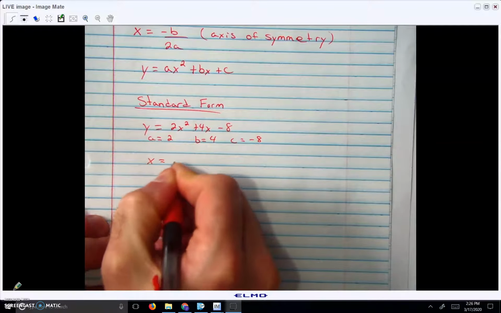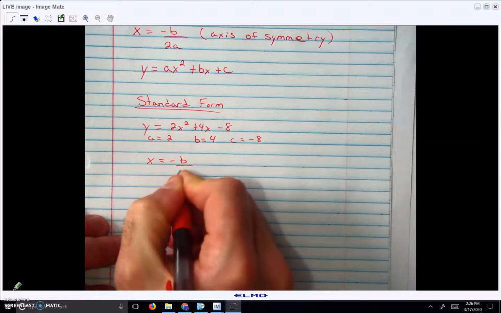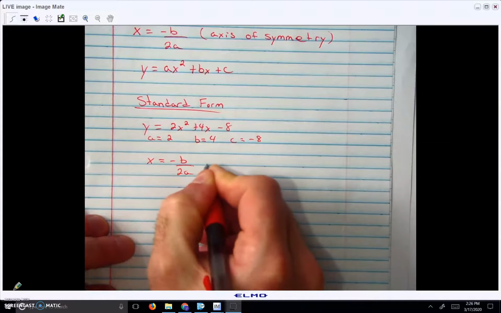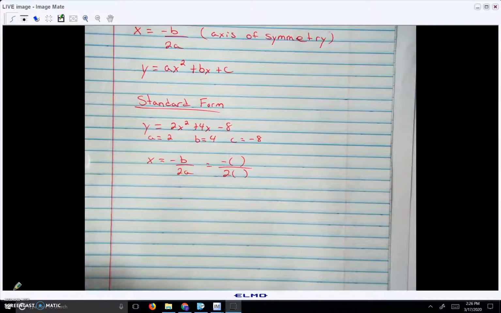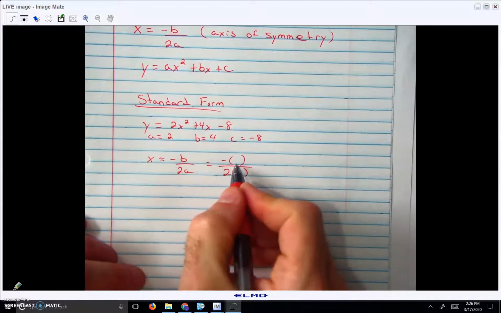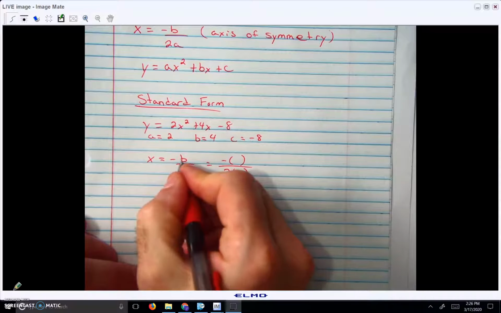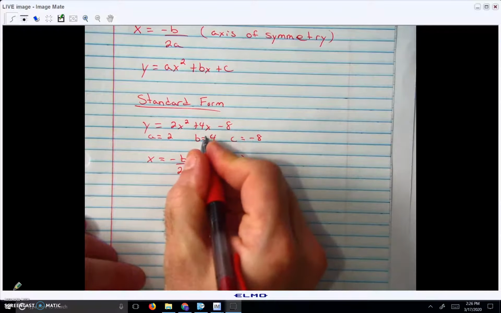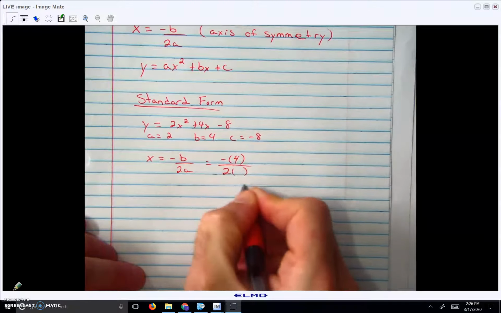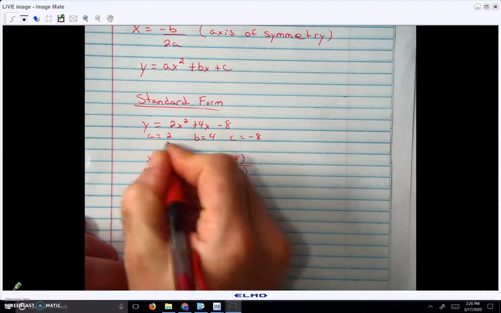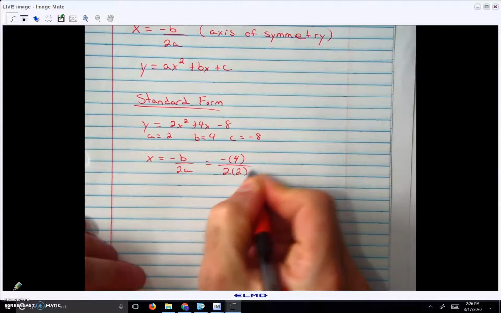I'm going to rewrite that axis of symmetry formula, x equals negative b over 2a, and I'm going to replace the b and the a each with a set of parentheses. I'm then going to fill in those parentheses with what the variable was equal to. So I'm going to replace the b value with what it was equal to, which is 4. And I'm going to replace the a with what it was equal to, which is 2.